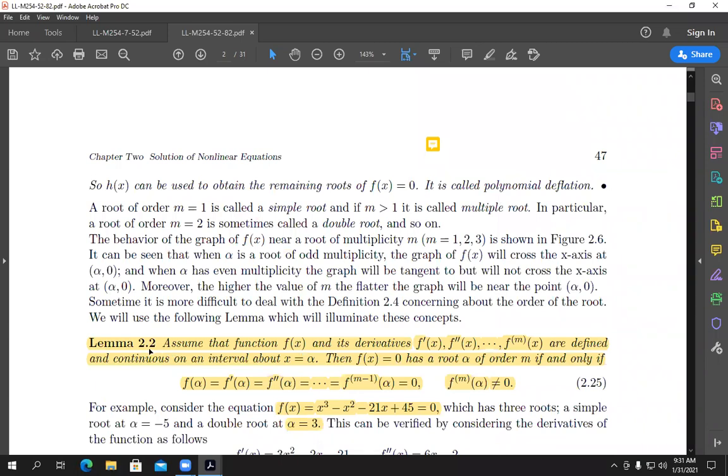We say the function and its derivatives exist and are continuous at alpha, and f of x equal to 0 has a root alpha of order m, that is, f of x has a multiple root alpha repeating m times. What does that mean? That means the m-th derivative at alpha should not equal 0, but all the derivatives before it must be equal to 0.